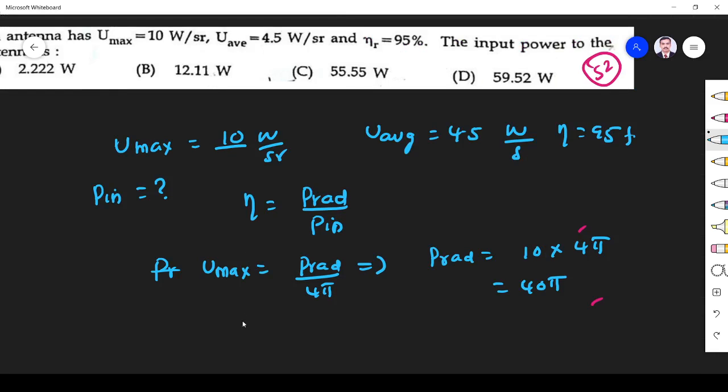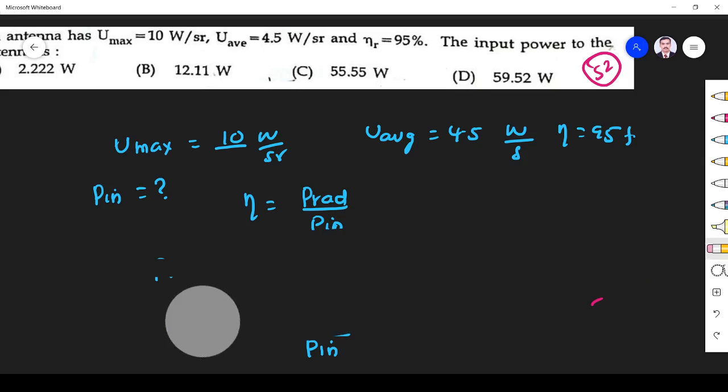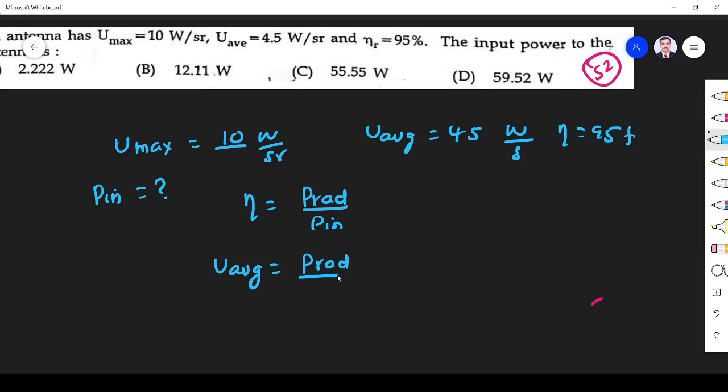Sorry, it is not U max, it is U average. The formula I wrote wrongly. Average radiation intensity is P radiated by 4 pi, so P radiated is 4.5 into 4 pi. Please forgive me.